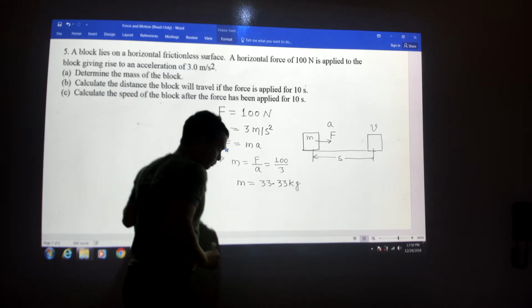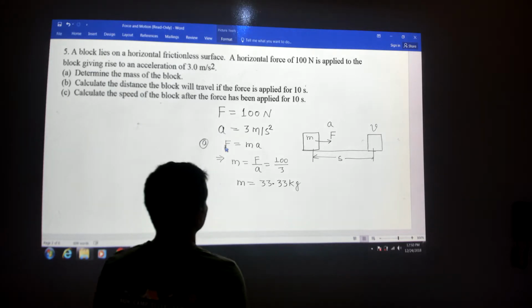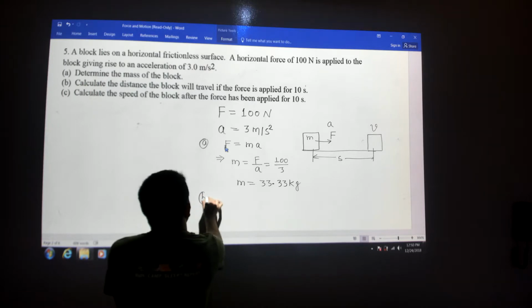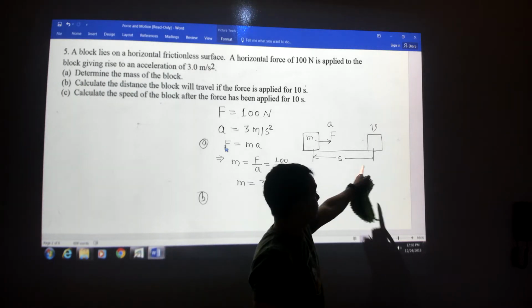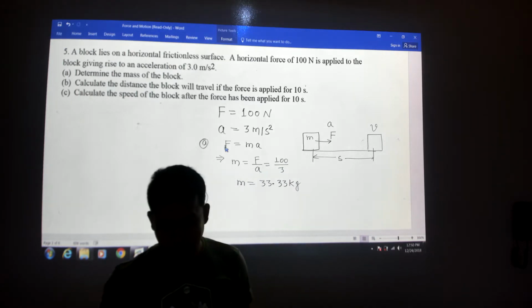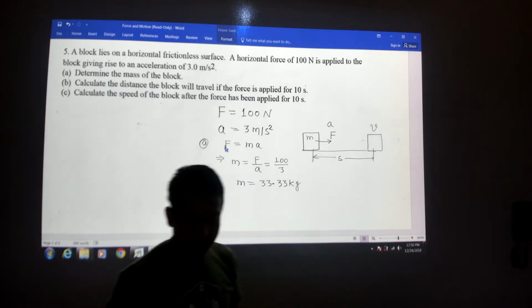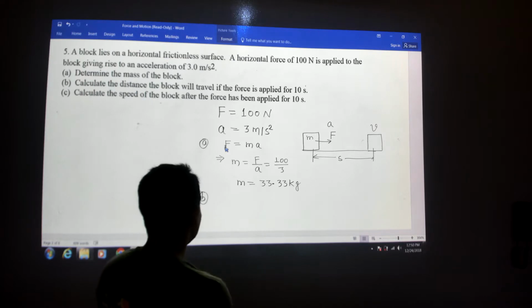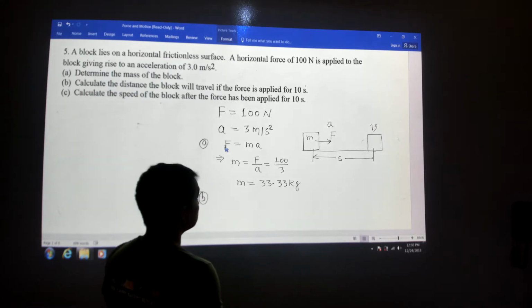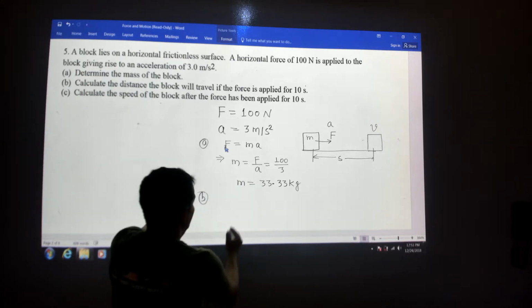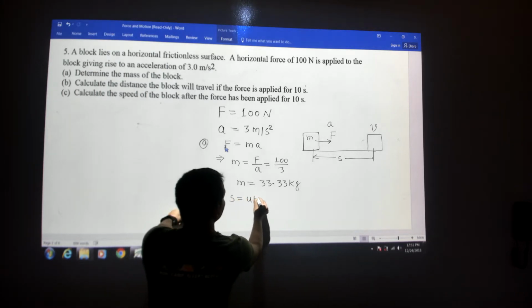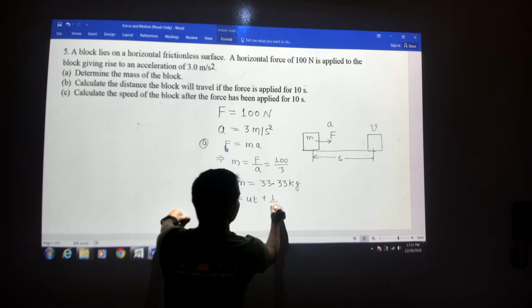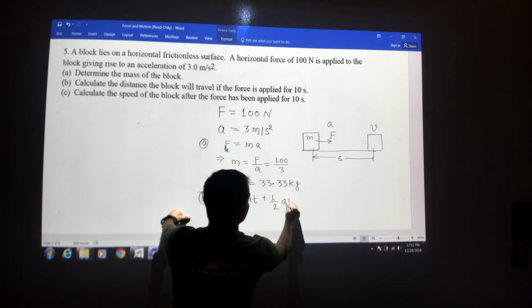And now in the second part, you need to find out the distance. What's the distance moved by this object when you apply this force for 10 seconds? You're given the time. So the equation of motion I'm going to use is ut plus half a t squared.